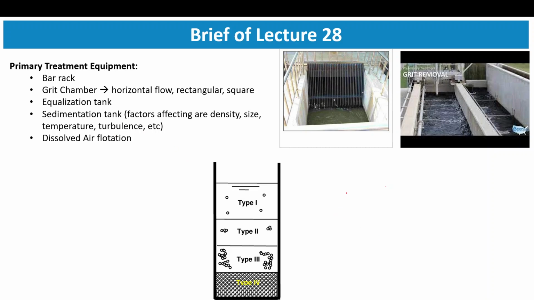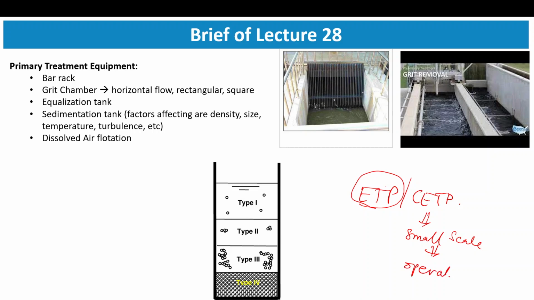If we talk about a particular industry, an ETP or CTP, there are chances that the amount of wastewater generated might vary, because small scale industries operate in batch mode, and depending on the requirement, their batches change, right?